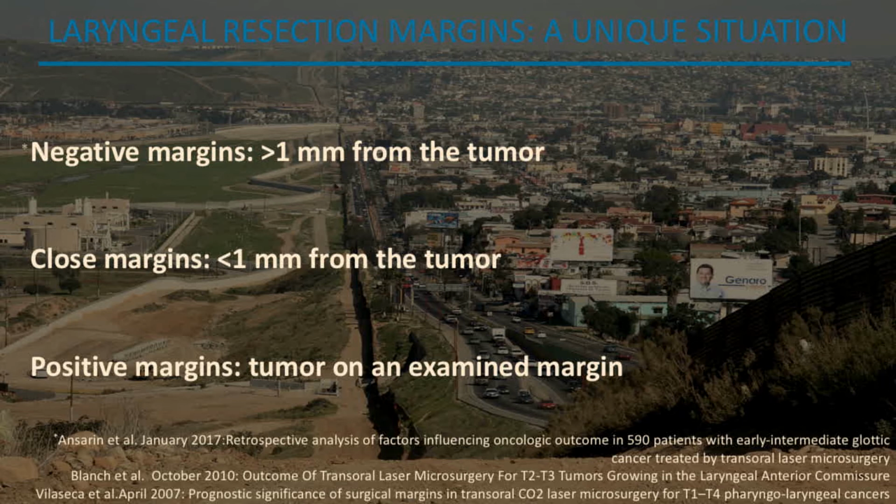So in the literature, a negative margin is defined when you have more than 1 millimeter from the macroscopic appearance of the tumor, or better, from the NBI margin. Closer is when it is inferior, and positive if you have a dysplasia or cancer where you cut, where you perform the resection.